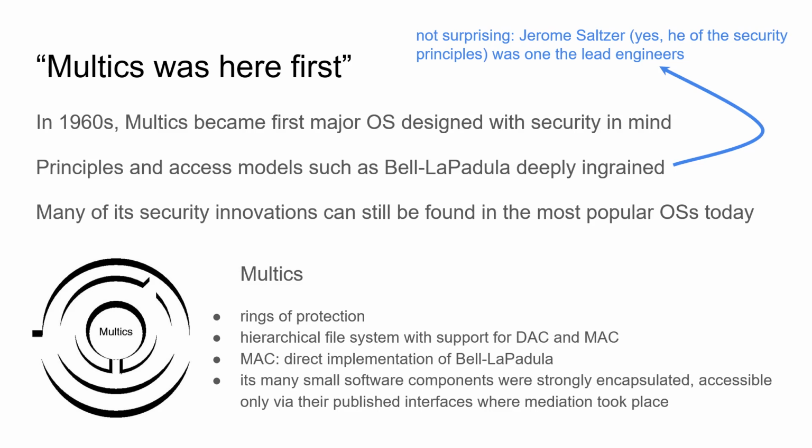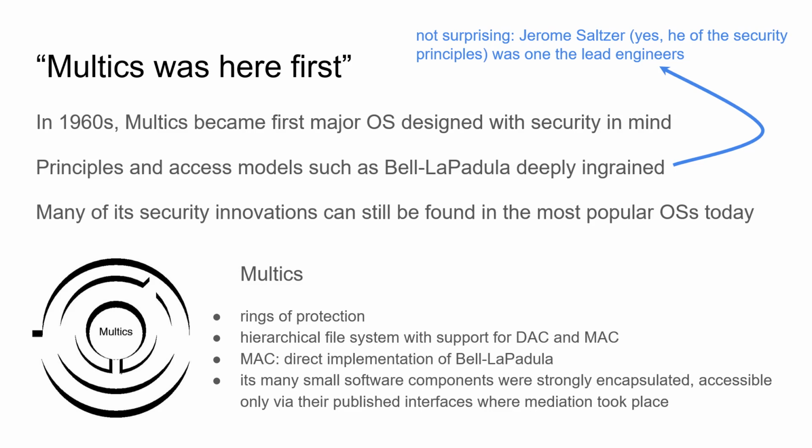In all modern popular operating systems, we have some remnants of Multics, even though Multics itself is dead and never became very successful in terms of usage. Many of its inventions are in all of the operating systems that we use on a day-to-day basis.